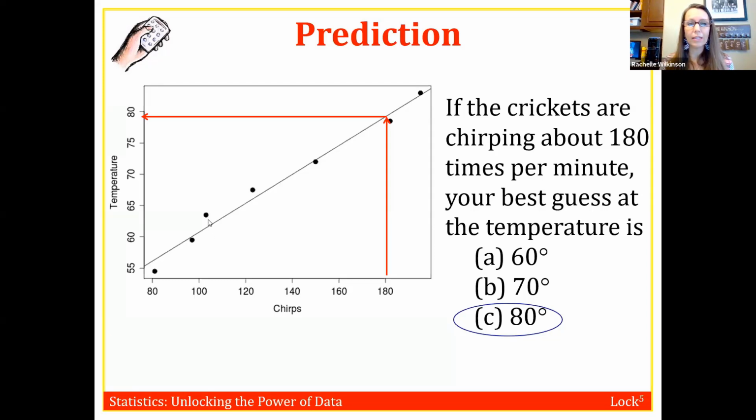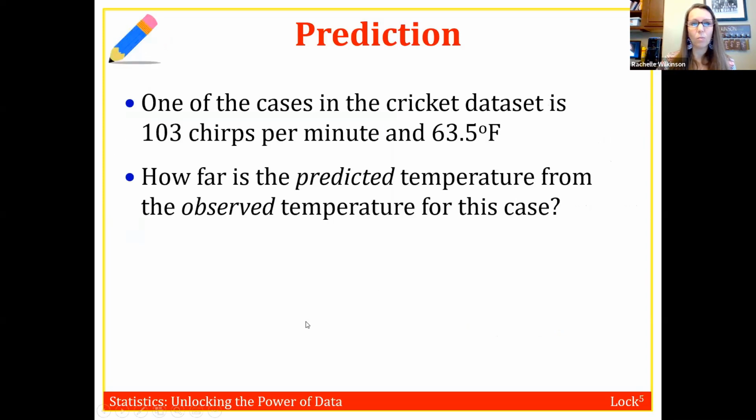Okay, so in this case here, the line says, hey, this is what our model predicted. The actual data point says this is what we actually saw. So we're going to look at that difference, how different the predicted and the observed value were. One of the cases in the cricket data set had 103 chirps per minute, and the actual temperature was 63.5 degrees.